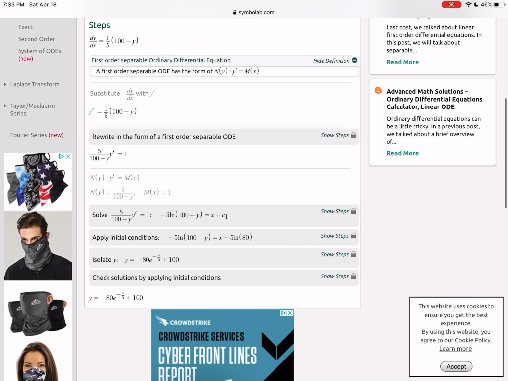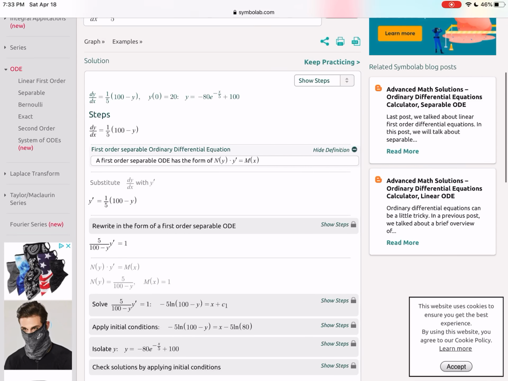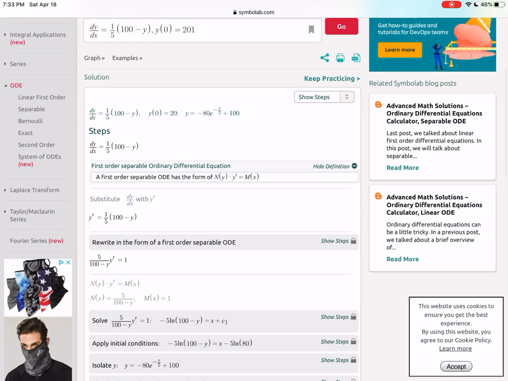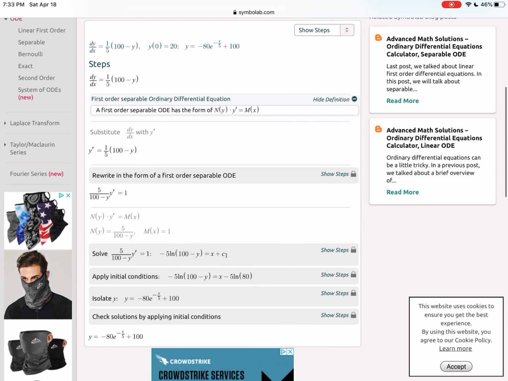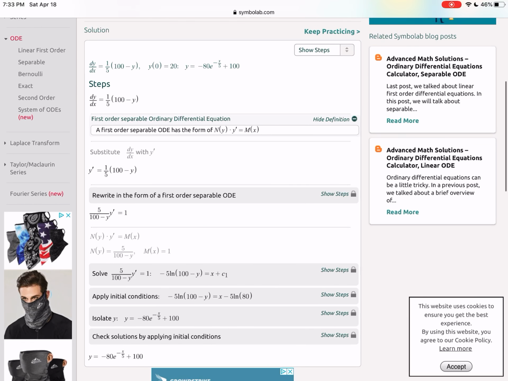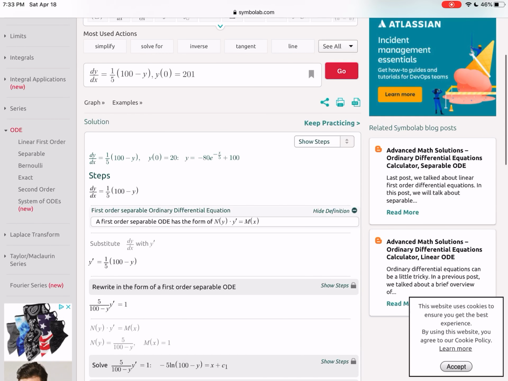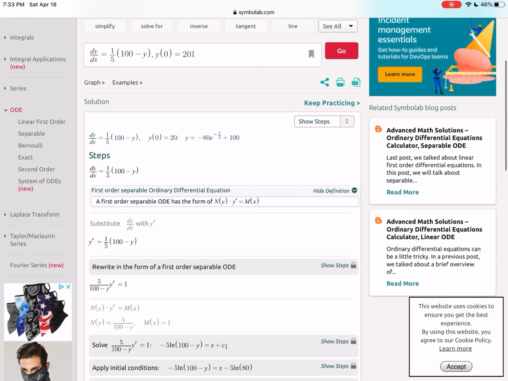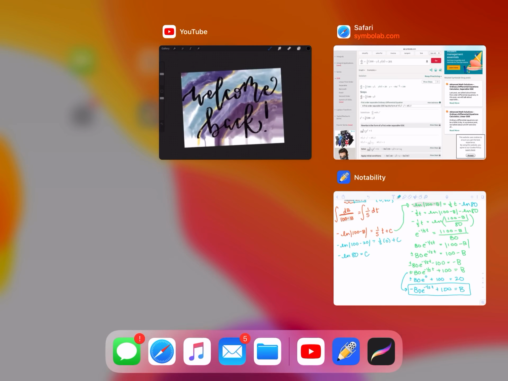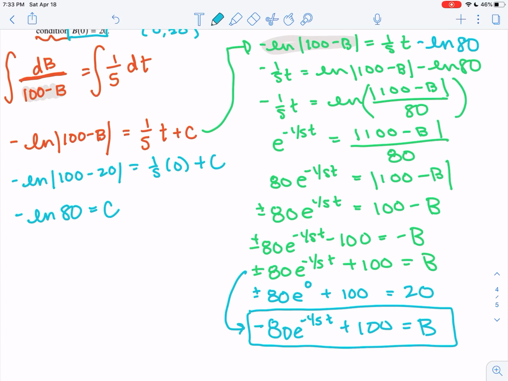It does do some steps for you, but anyway, it could be a good guide. It's not going to be enough to spit it all out for you, because you have to sort of know what it's talking about. Also notice I have to use y and x and not b and t. Okay, all right, so that is our differential equations problem.